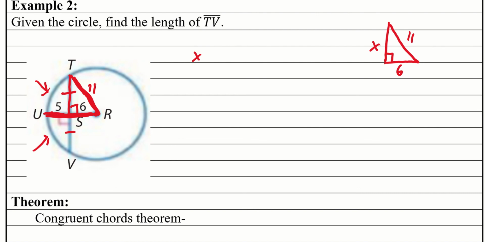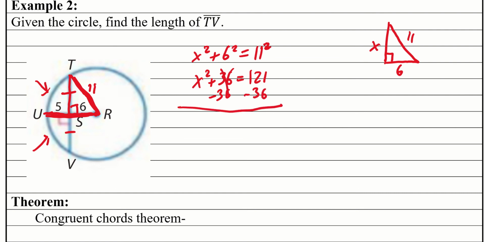And so now we can use the Pythagorean theorem in order to find this here. So Pythagorean theorem, we could say x squared plus 6 squared equals 11 squared. And now I just need to start simplifying this and find out what x is. So x squared plus 6 squared is 36, equals 11 squared, we should know as well. That's 121. Continue to solve here. Subtract 36 from both sides. These cancel.